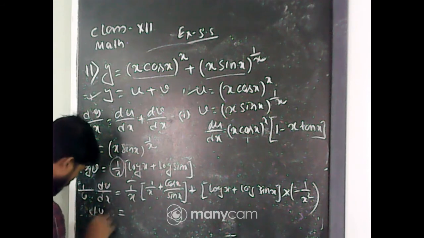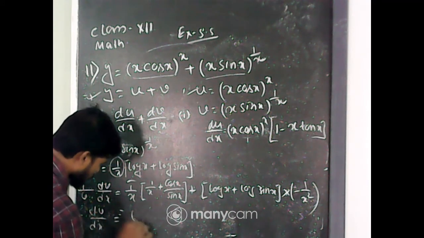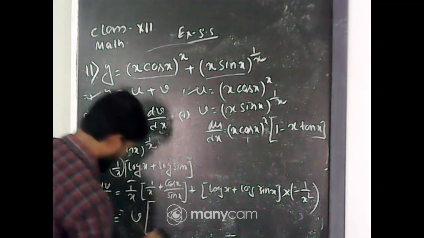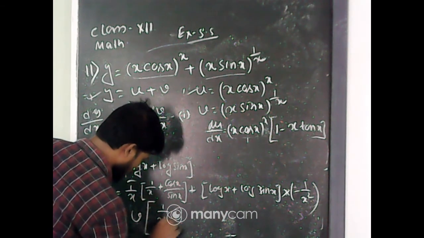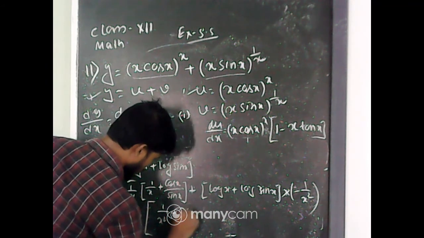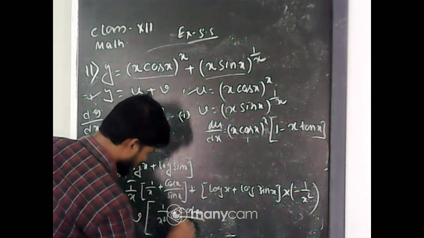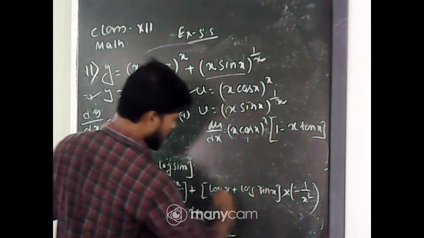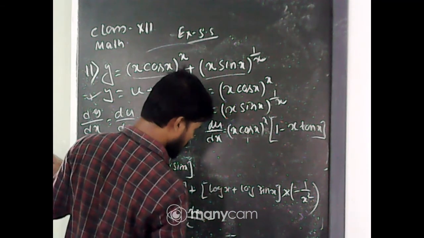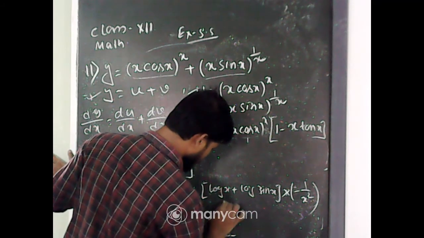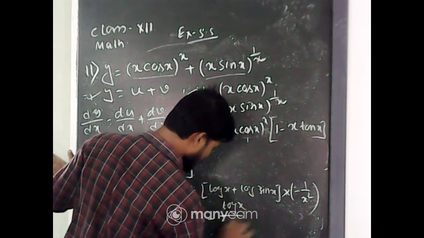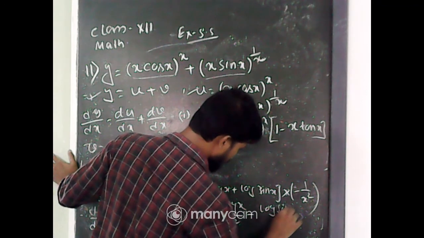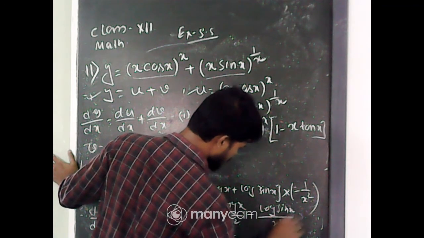So dv/dx is equal to v into this expression: 1 by x square plus cot x by x, cos x by sin x meaning cot x, by x, minus, if I multiply this expression by 1 by x square, log x by x square minus log of sin x by x square.